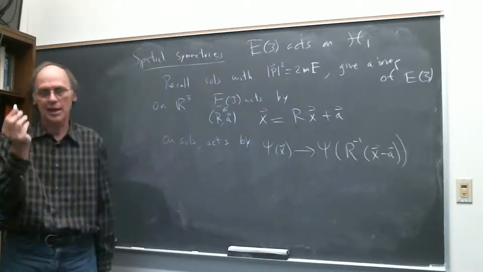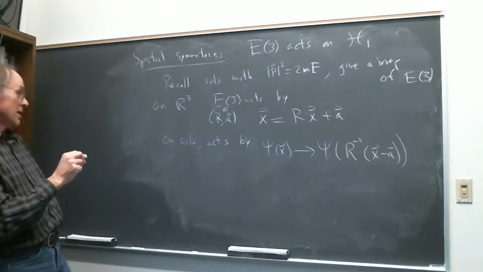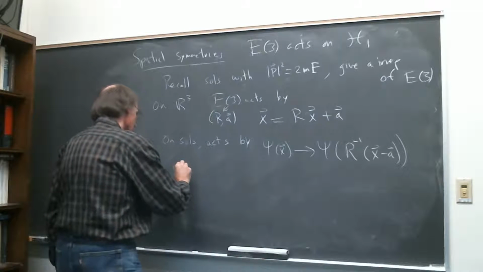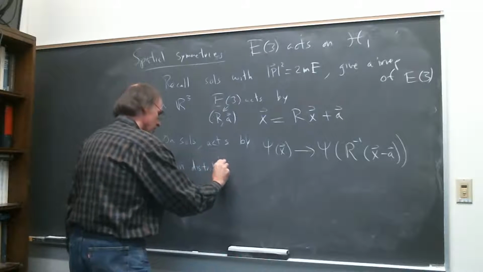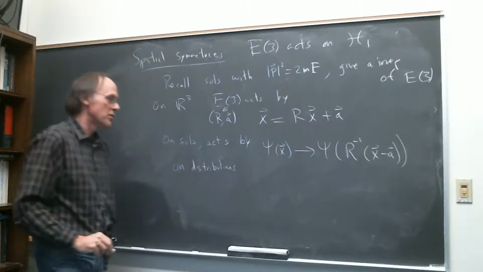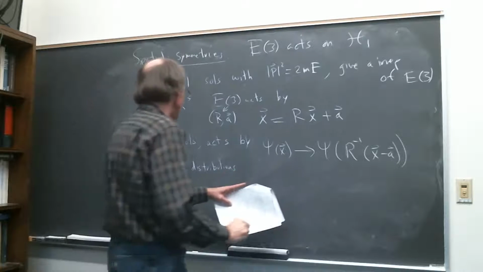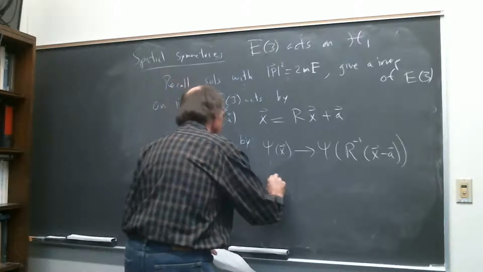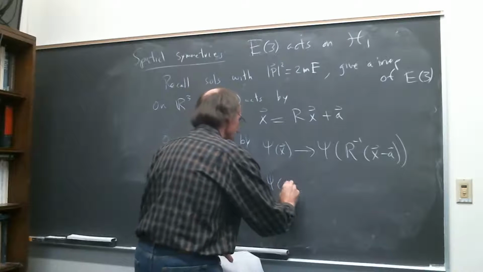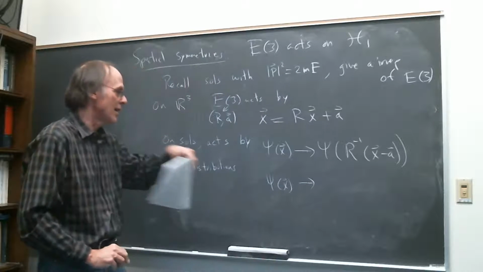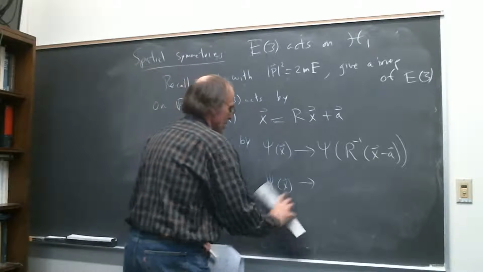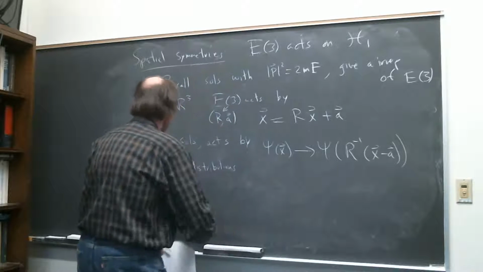Now where this gets confusing is on distributions. So if you think of this guy as a distribution, well, let me actually not write this out because the notation is going to get confusing.